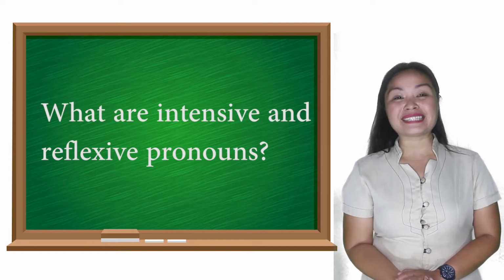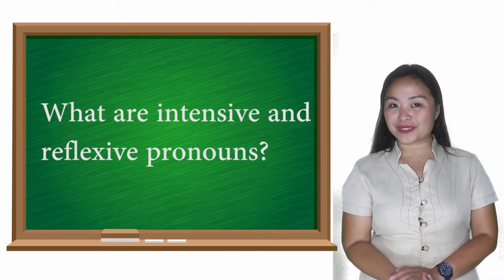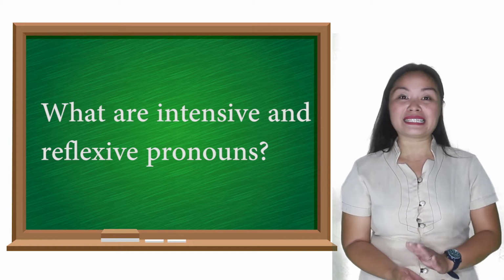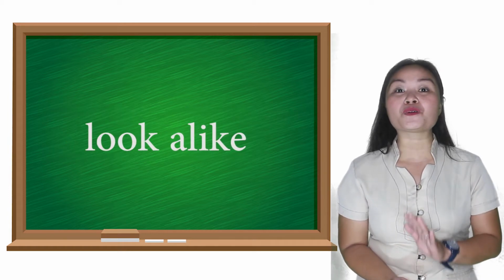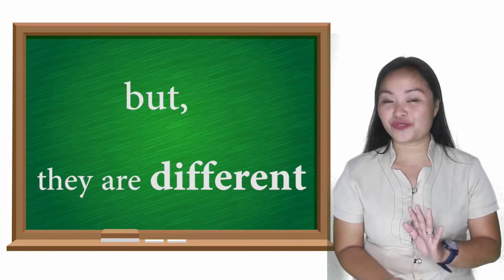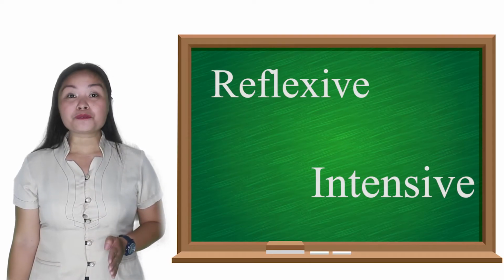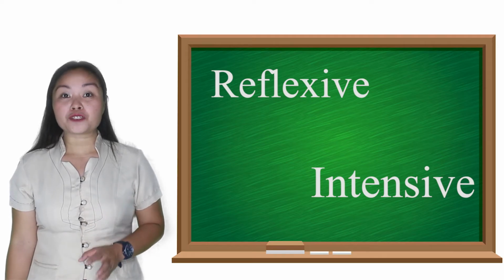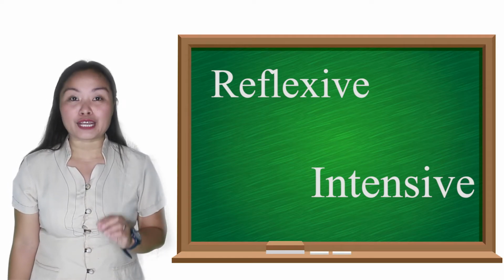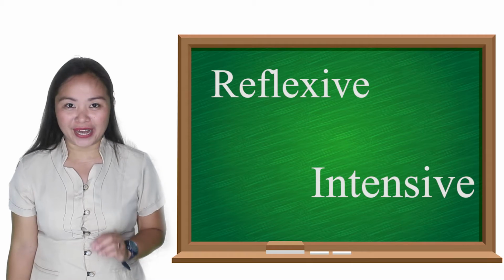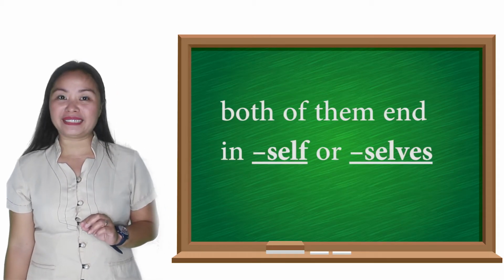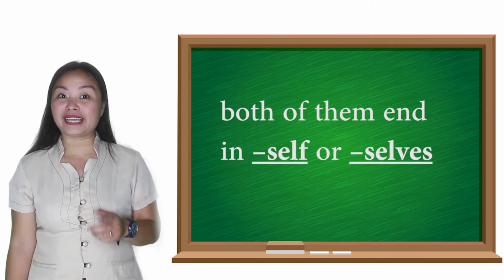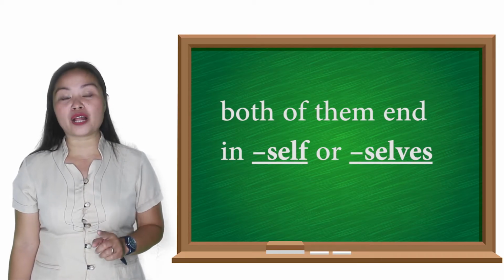So what are intensive and reflexive pronouns? The reflexive and intensive pronouns, they may look alike, but they are different. Again, don't be fooled. Reflexive and intensive pronouns may look the same, but actually, they are different. Both of them end in self or selves.